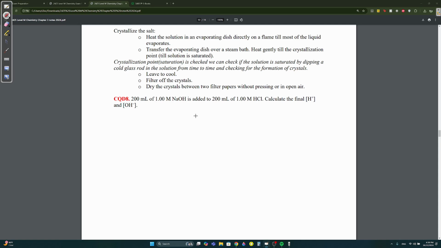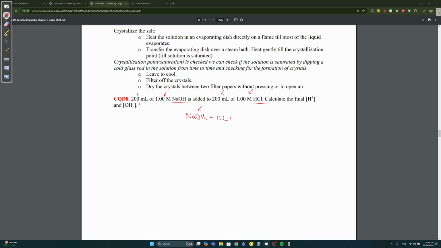Here, you're adding NaOH to HCl. You have volume and concentration. Basically, when you add these two together, ask yourself: it's balanced because I have 1 H. That's the first thing.